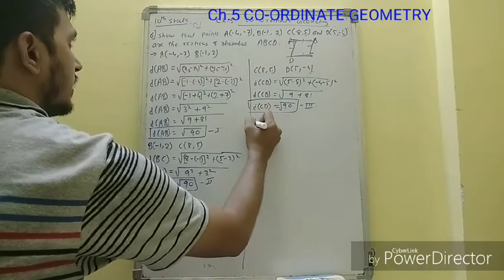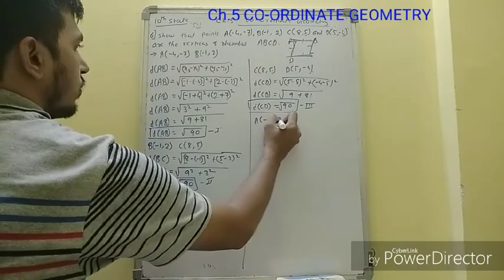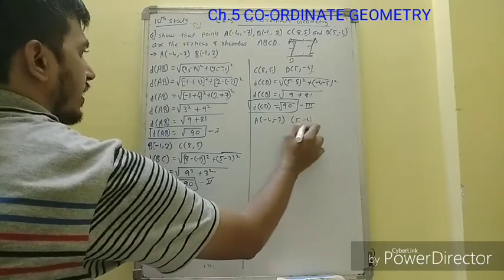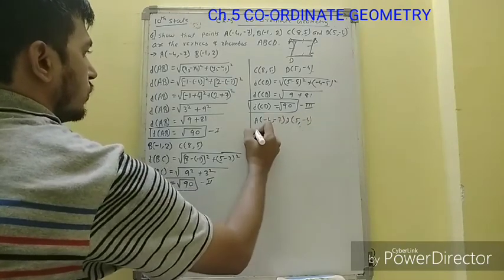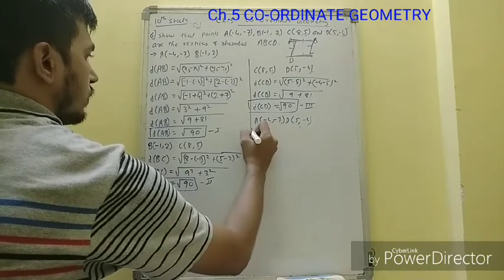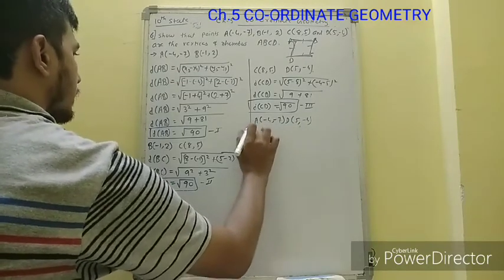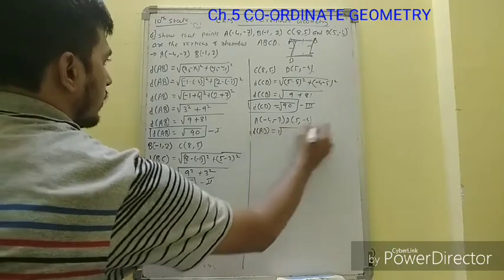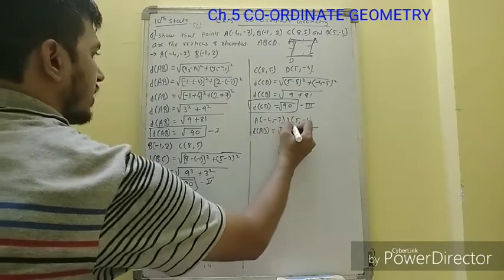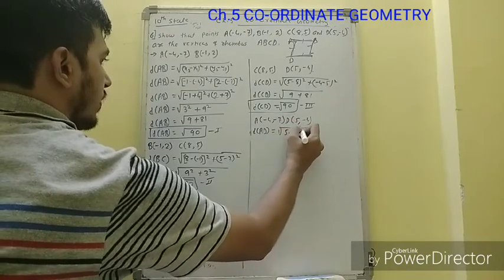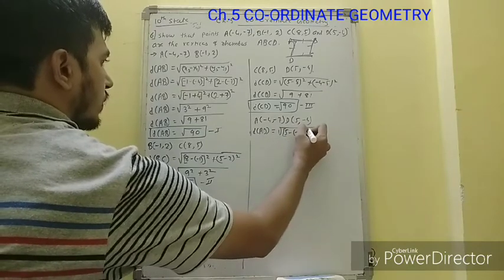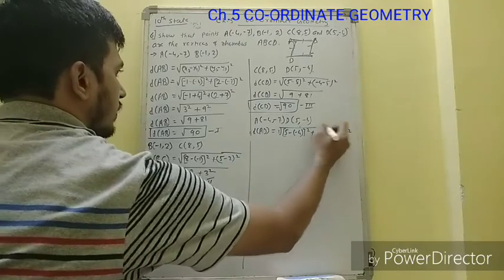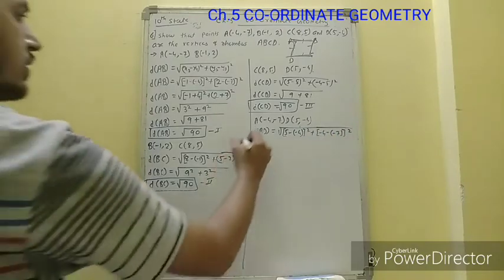And the last one, AD. What is A? Minus 4 comma minus 7, and D is 5 comma minus 4. So distance AD is equal to the square root of x2 minus x1, that is 5 minus of minus 4, the whole square, plus y2 minus y1, the whole square.